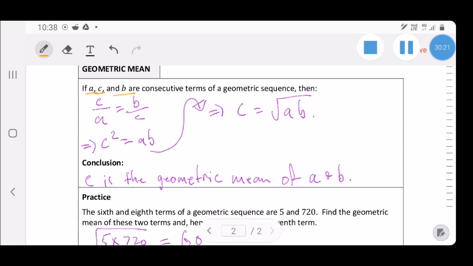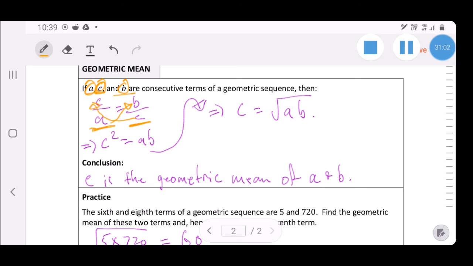So what then can we say about that relationship? Well, C divided by A will give you your common ratio, and B divided by C will give you your common ratio. So C over A and B over C are both equal to R, so they must equal each other. C over A equals B over C. Now, if I simply multiply both sides of that equation by C, and I multiply both sides by A, in other words, this C comes up here, and this A comes up here, I get C squared equals AB.